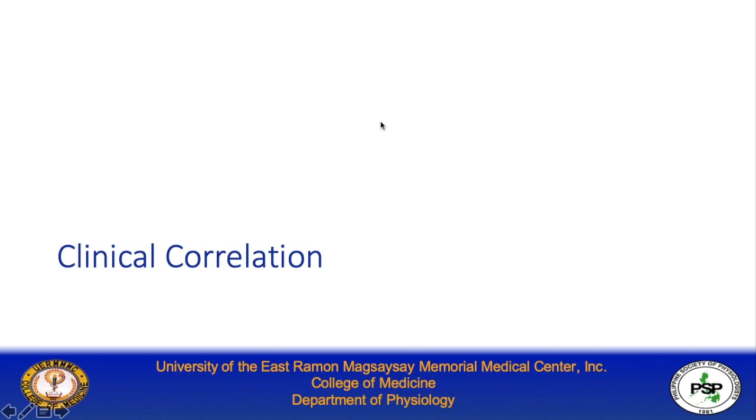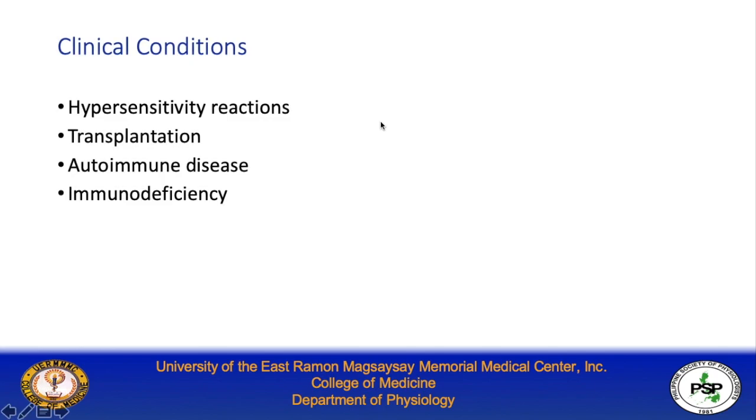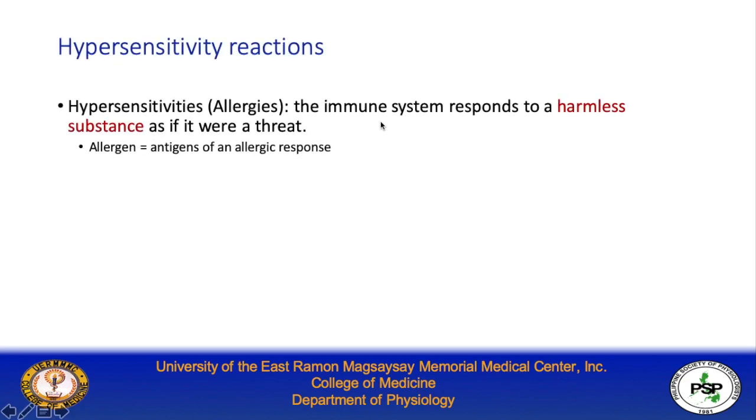Okay, next part would be the clinical correlation. So we will look at clinical conditions affecting the immune system. First one is what we call your hypersensitivity reactions. Now, in your hypersensitivity reactions, what happens here is that the immune system responds to a normally, take note, normally harmless substance.